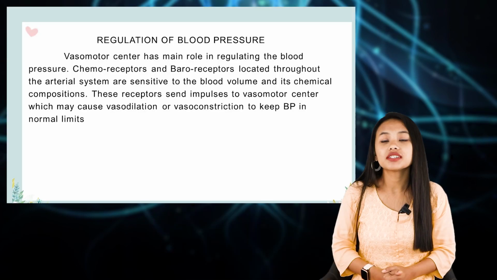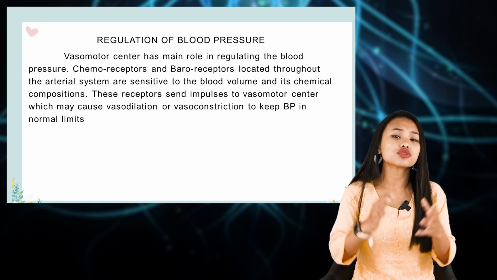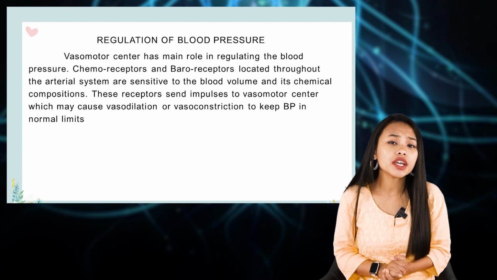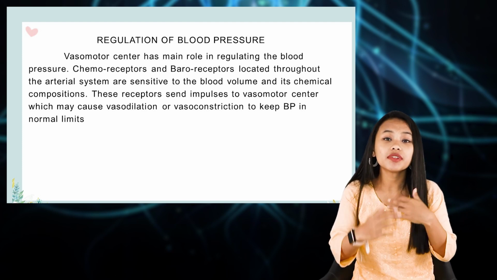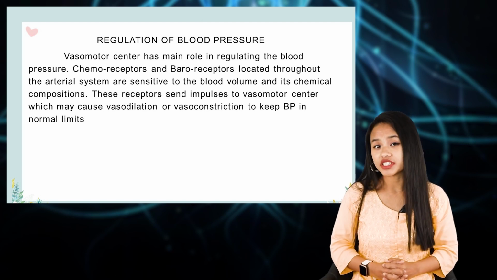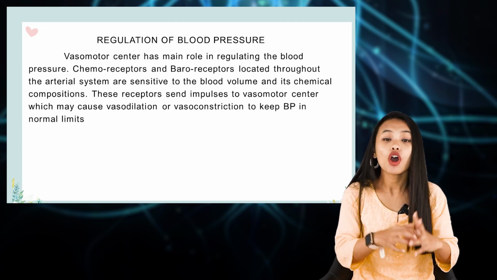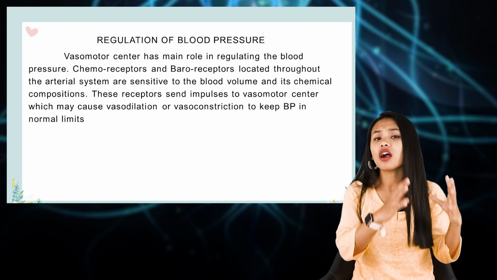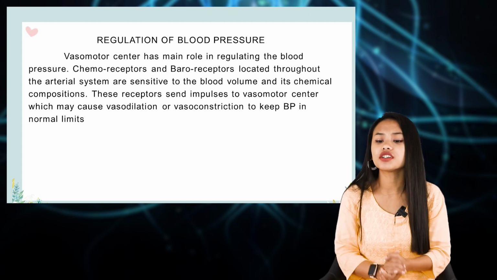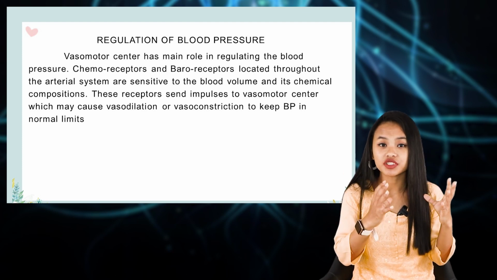Now moving on to the next, that is the regulation of the blood pressure. As we all know, the vasomotor center has the main role in regulating the blood pressure throughout our body. The two receptors, the chemoreceptors and the baroreceptors, which are located in the arterial system, are very sensitive to the blood volume as well as its chemical composition.